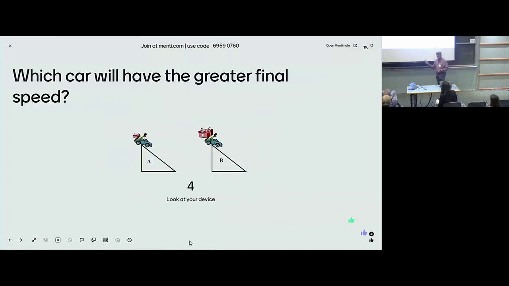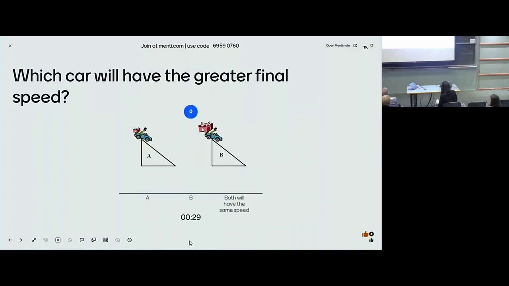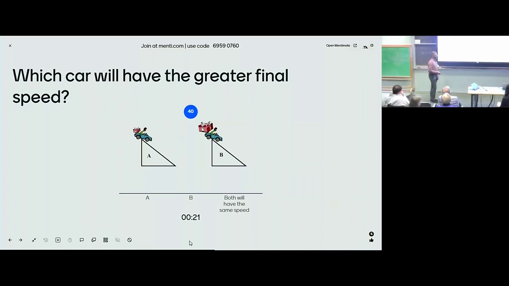No friction, exactly, no friction. Sliding down without friction.